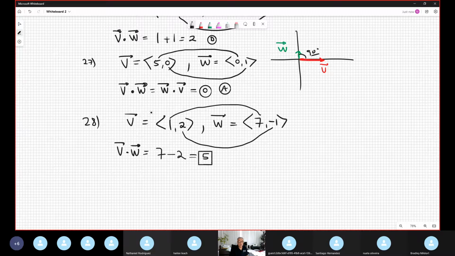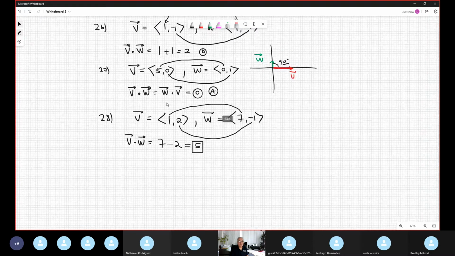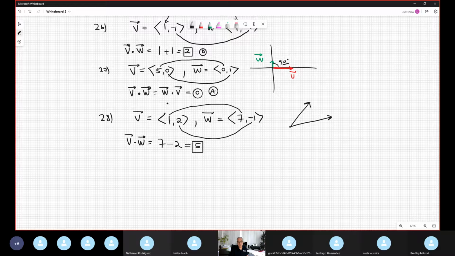It's important to understand, guys, that when the dot product answer is positive, like this, it means that the angle in between the vectors is acute, so less than 90 degrees. Otherwise, when the dot product is negative, it's obtuse, in the second quadrant, greater than 90 degrees. And when it's 0, it's orthogonal, 90 degrees.